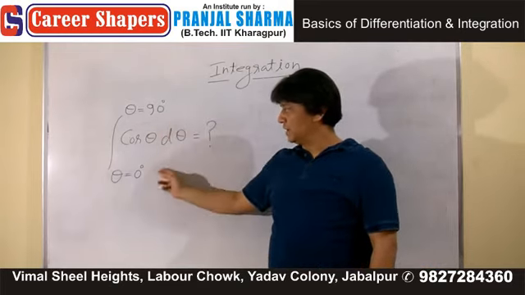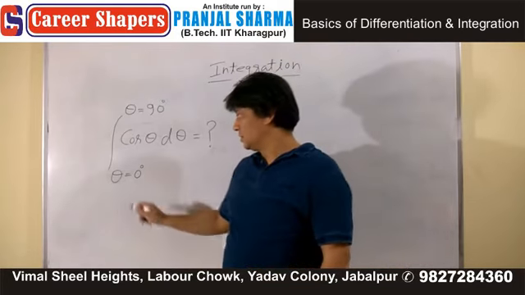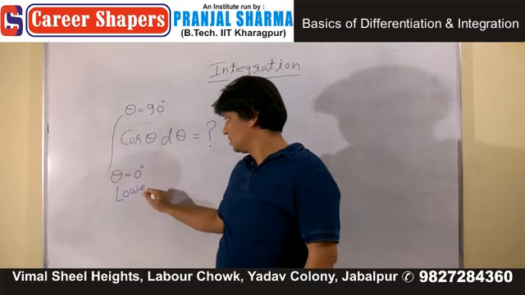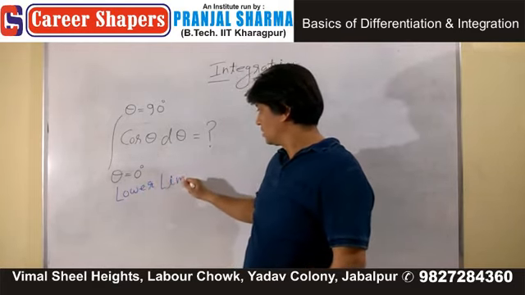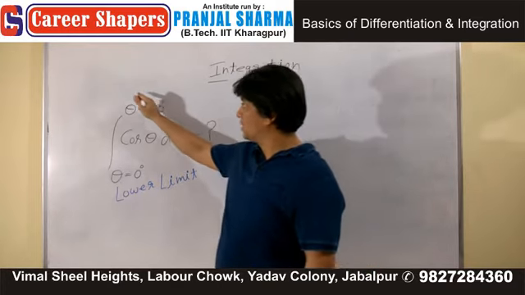Theta 0 is called the lower limit, and theta 90 is your upper limit.